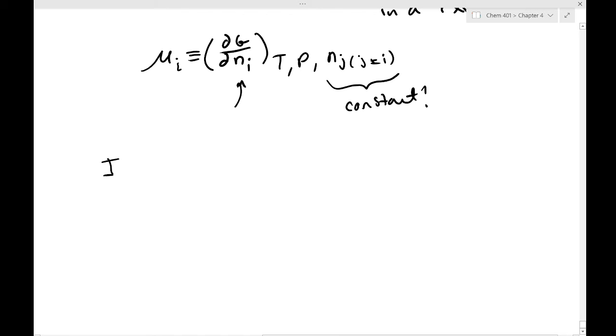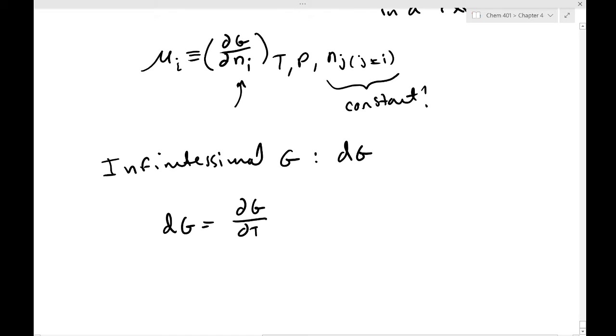So this infinitesimal G, or dG, must now be written as dG equals the partial of G with respect to temperature at constant pressure and all of the n's, plus the change in G with respect to P at constant temperature and n's.